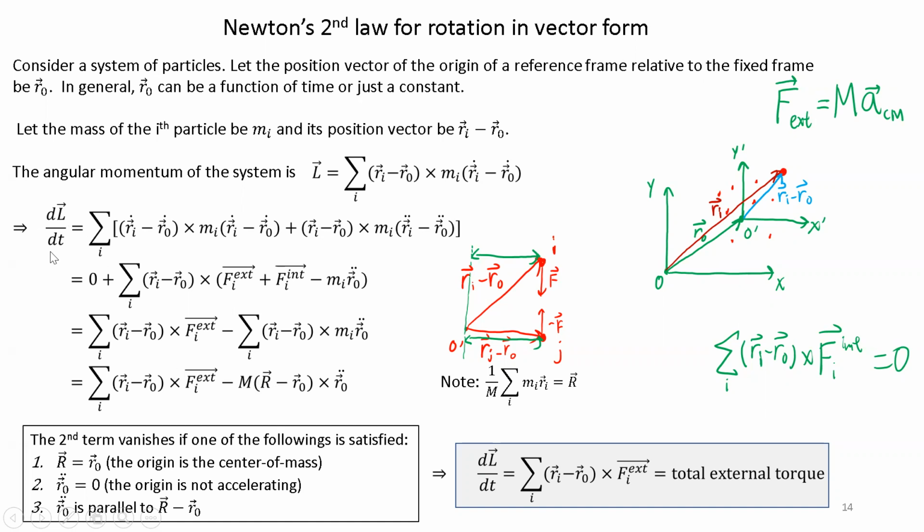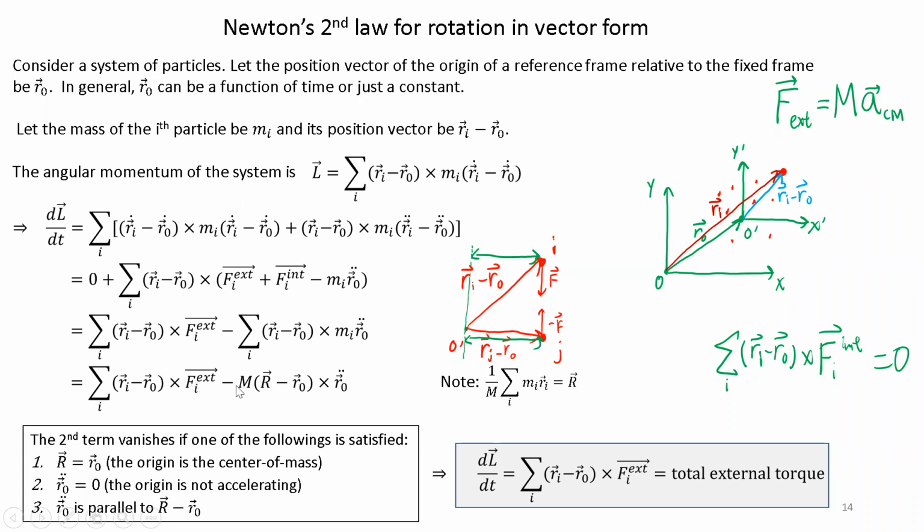Okay, so now if you look at the final result, dLdt is equal to this term minus this term here. And if you only consider the first term, this is exactly the total external torque acting on the system. Right. So then that will finish the proof.